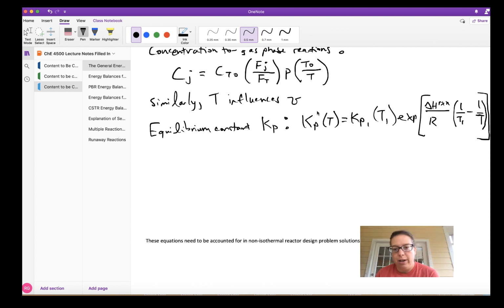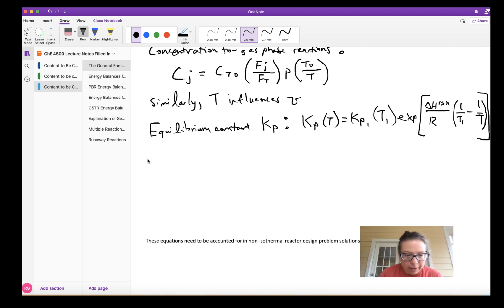But if we're looking at a non-isothermal reaction, we might come into conditions where the equilibrium constant starts to favor the reactants over the products. In that case, the reaction would start to become reversible. Because of that, it's good to account for the equilibrium constant and how it depends on temperature when we write our reactor design equations for non-isothermal reactors.